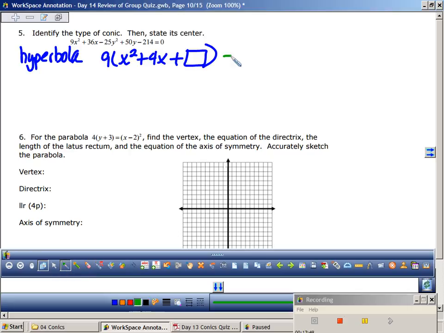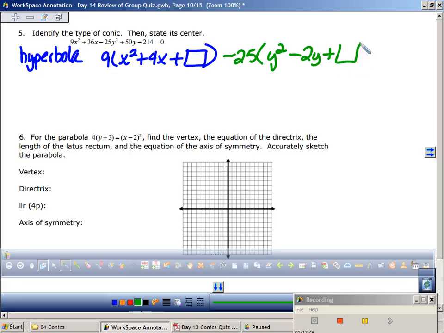Then I got my y. Negative, I'm going to pull out a 25 right away. Negative 25, y squared. So I pull out a 25 from the 50, it's going to be negative 2y plus something equals. Once I put that 214 on the other side, it's going to be plus 214.